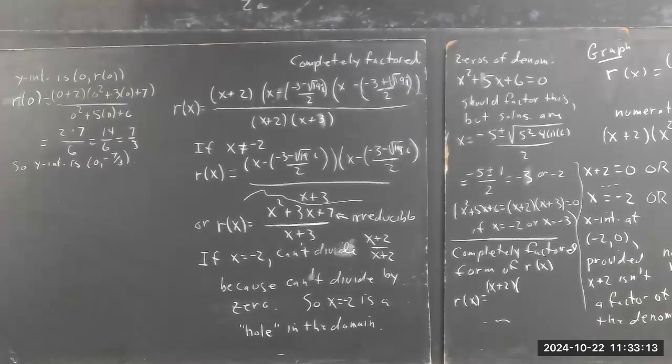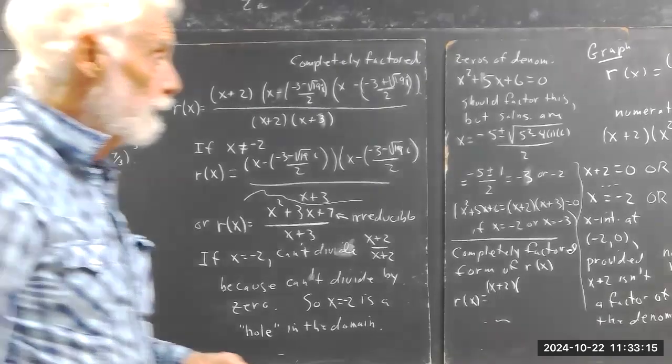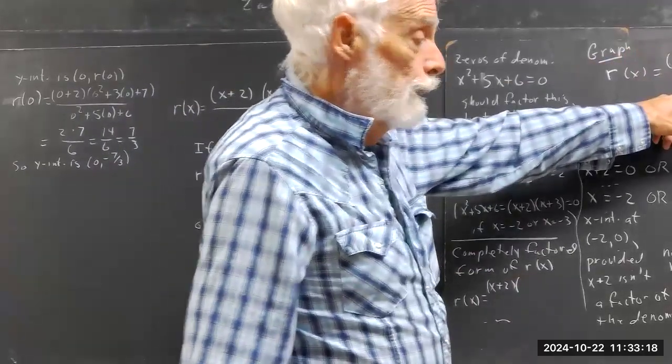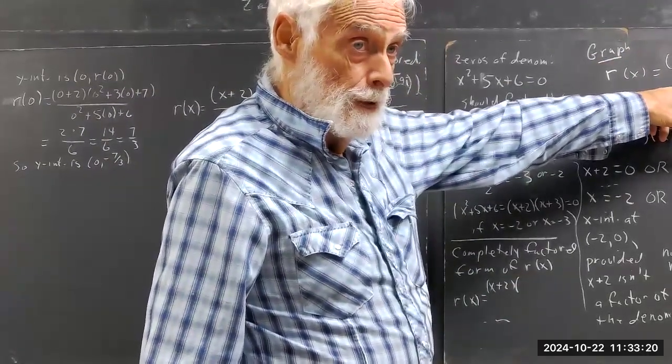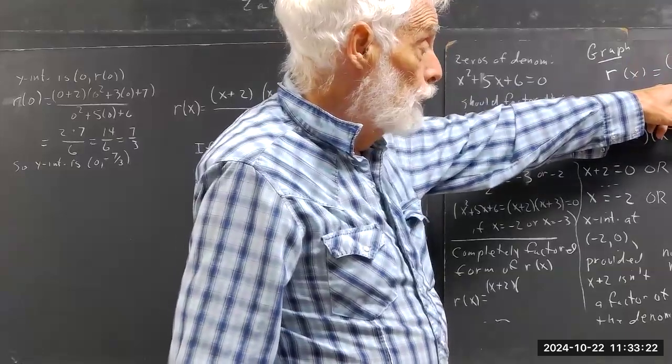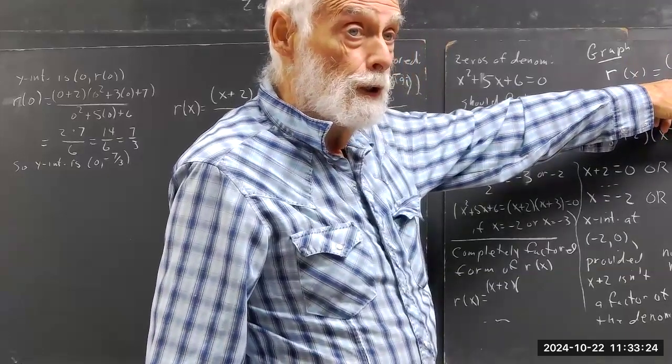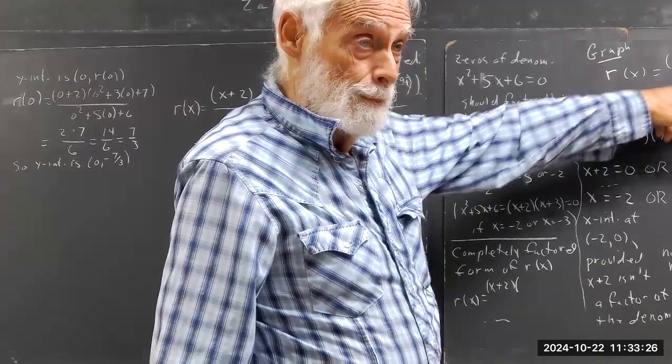And one more thing. The degree of the numerator is 3, the degree of the denominator is 2. When the degree of the numerator is 1 more than the degree of the denominator, you do a long division.